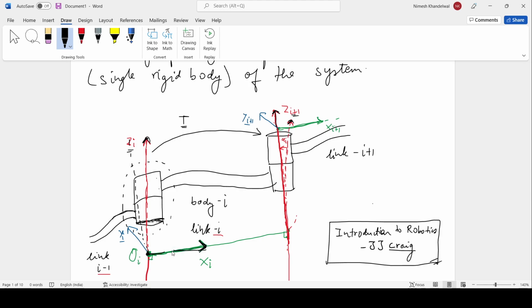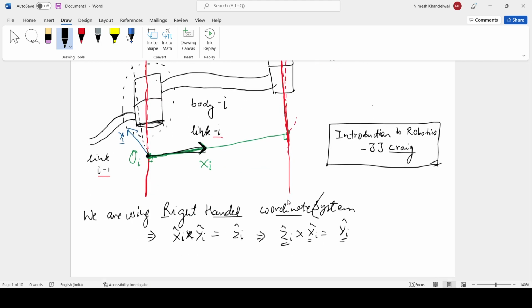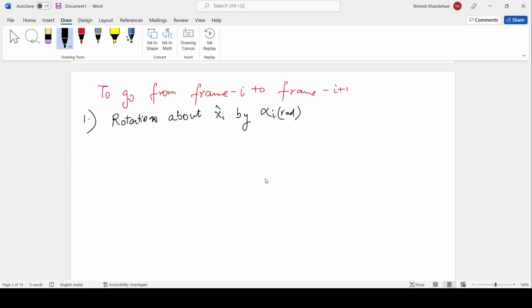The next step is the translation. So translation about xi by bi, not di, we'll call it ai.